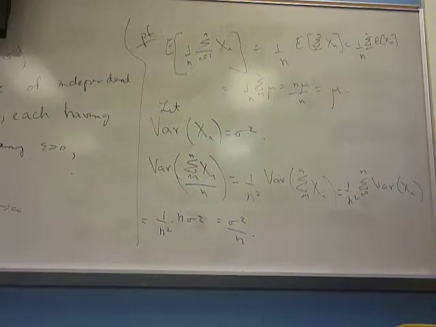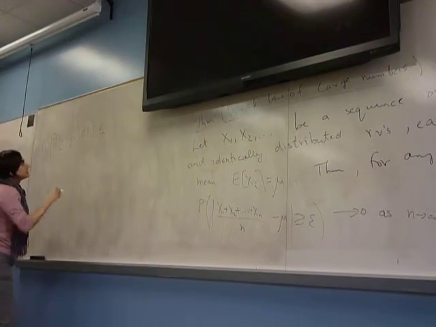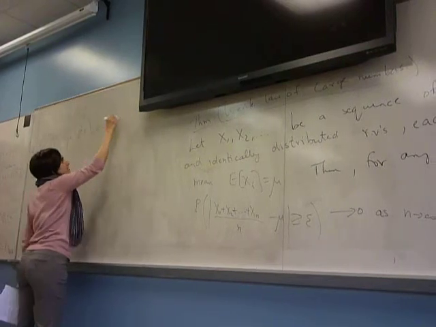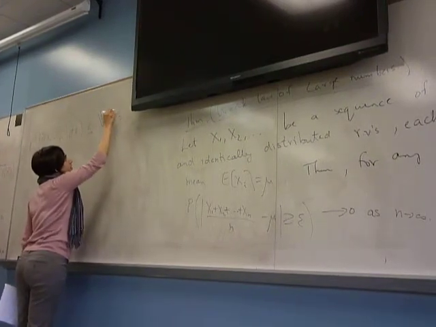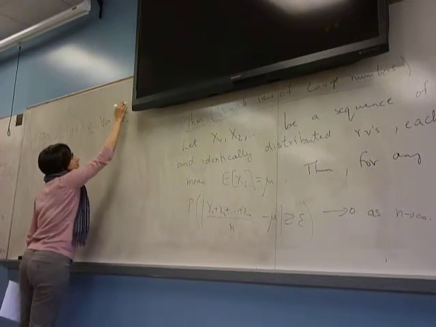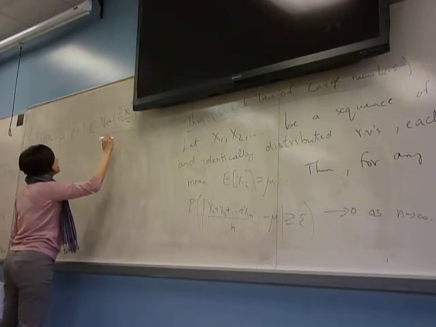Precisely, we use Chebyshev's inequality. So the probability that the average of the xi, i equals 1 to n, minus mu, the distance of this is greater than or equal to epsilon, is bounded by the variance of this over epsilon squared.